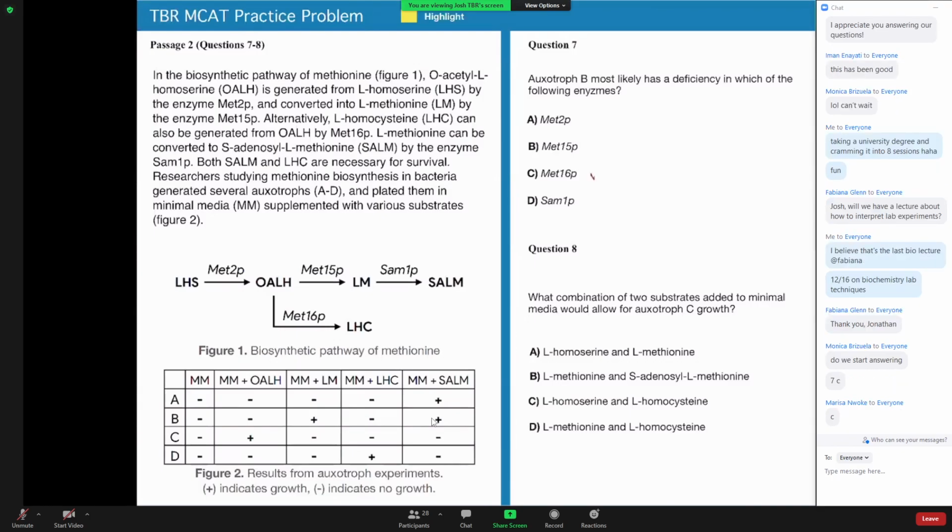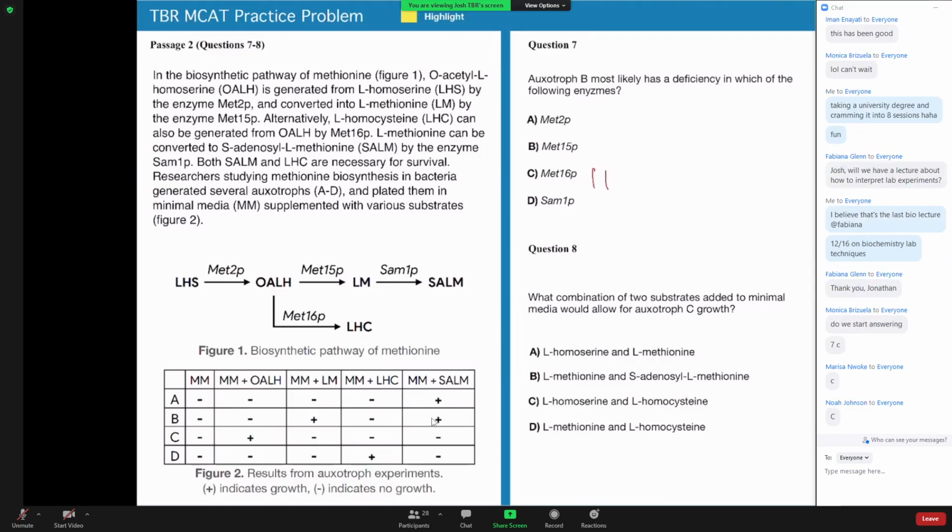So we've got one for C. Another one for C. Another one for C. And I can go over question 7, which will probably help you answer question 8. Okay, I'll do that. That's probably a good idea.